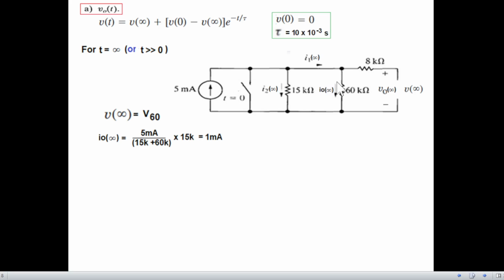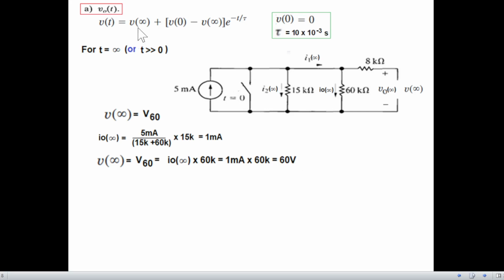So we want to find the current here, so we multiply by the opposite arm, that is 15K. So the current I naught infinity is 1 milliampere. Now that we have found I naught infinity, multiply by 60K, we'll get V infinity. 1 milliampere into 60K is equal to 60 volts. So V infinity we have found, 60 volts.